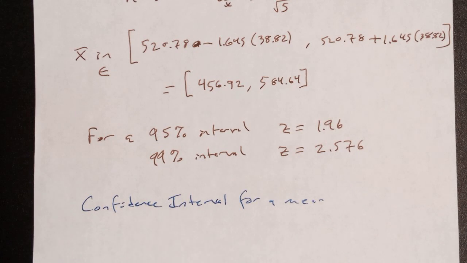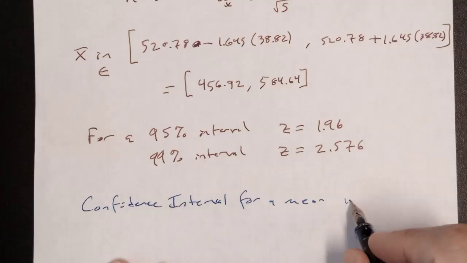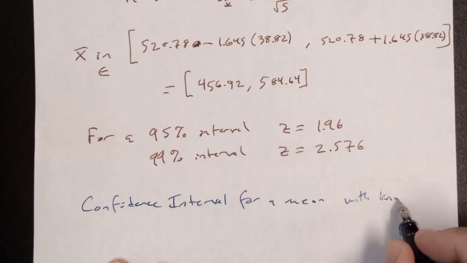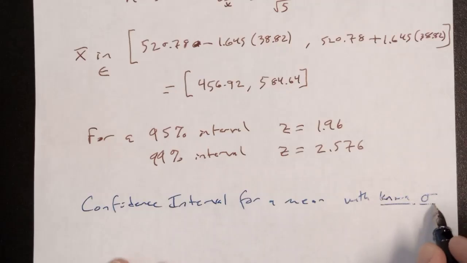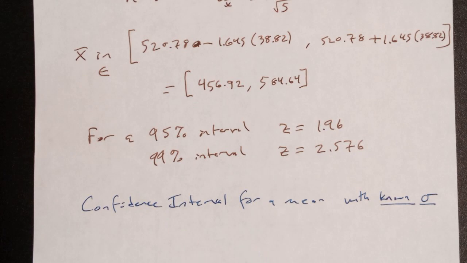Now, there are two different kinds of confidence intervals, and it depends on what we know about the standard deviation. I'm going to start where I know the population standard deviation, sigma. Now, why would I be in a position where I would know the standard deviation, but not know the mean for the whole population?